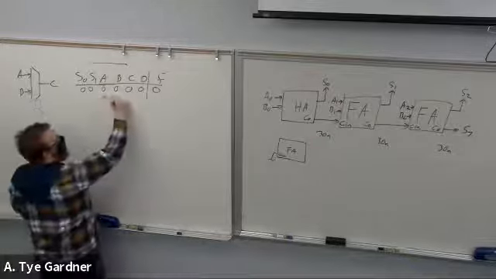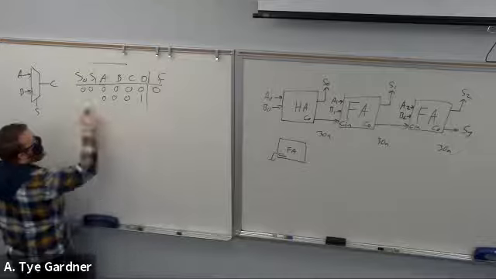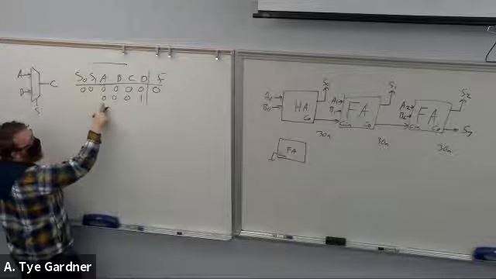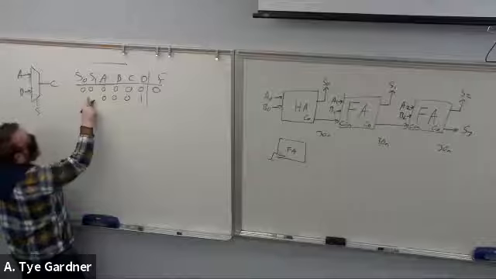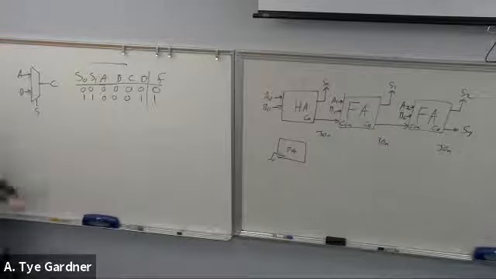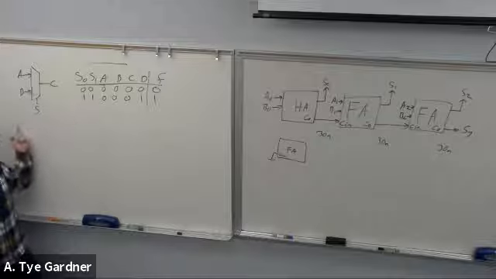If select was 0, 0 in this case, it's still 0 because it's still A. But if select was 1, 1, then it's 1, because D is 1 and select is 1, 1, so I take D.